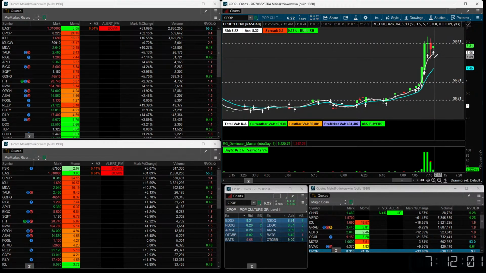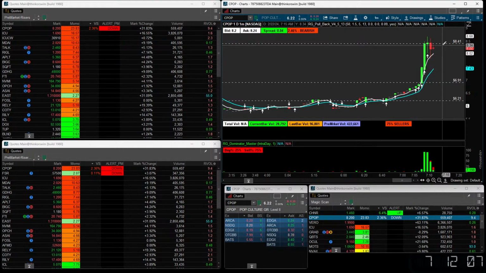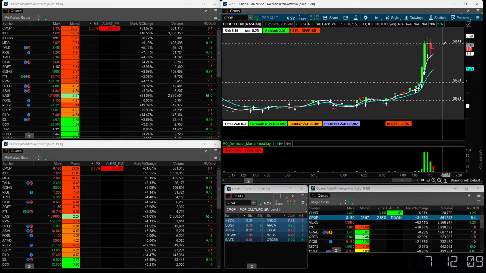Long wick on the bottom. I think this one's going to bust through, but don't take my words seriously. I'm just calling out what I see.